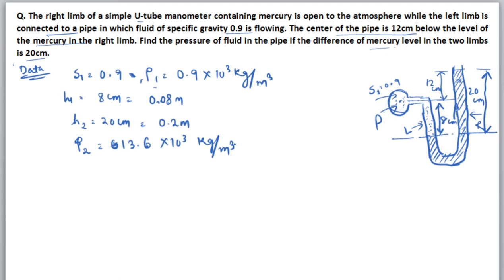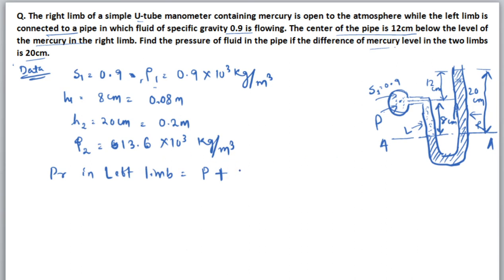So let us calculate the pressure. The pressure in the left limb of the U-tube manometer will be P plus the pressure due to this height of the liquid, where P is the pressure inside the pipe. We will always calculate pressure relative to this datum.